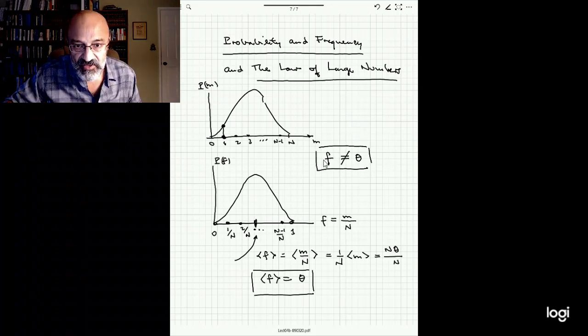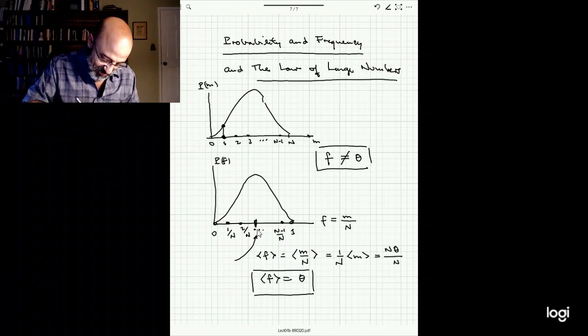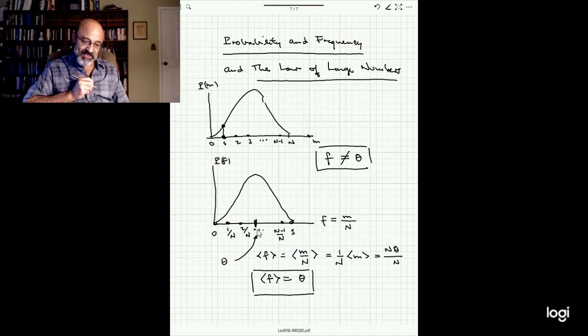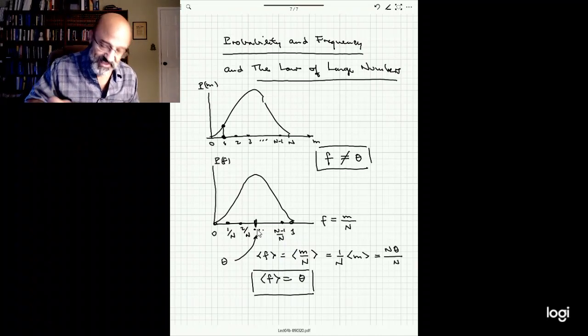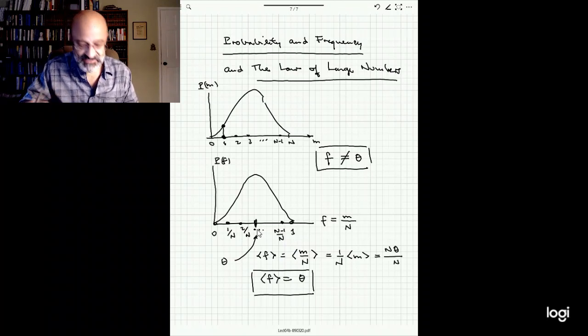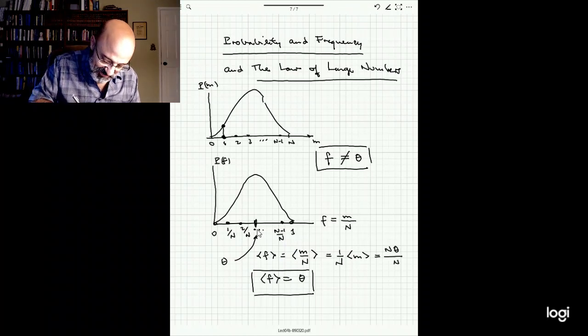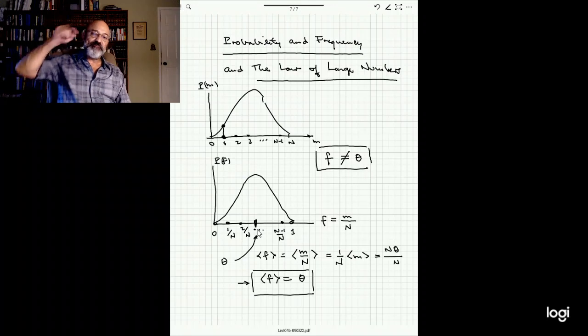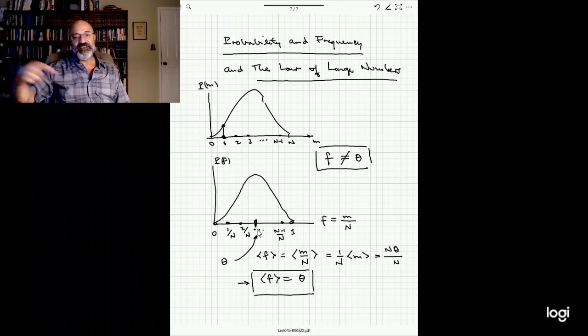Because f can be 0, f can be 1 over n, f can be 2 over n, f can take any of those values, and theta is just this value here. So while it is true that f is not the same as theta, it is definitely true also that the expected value of f is theta.